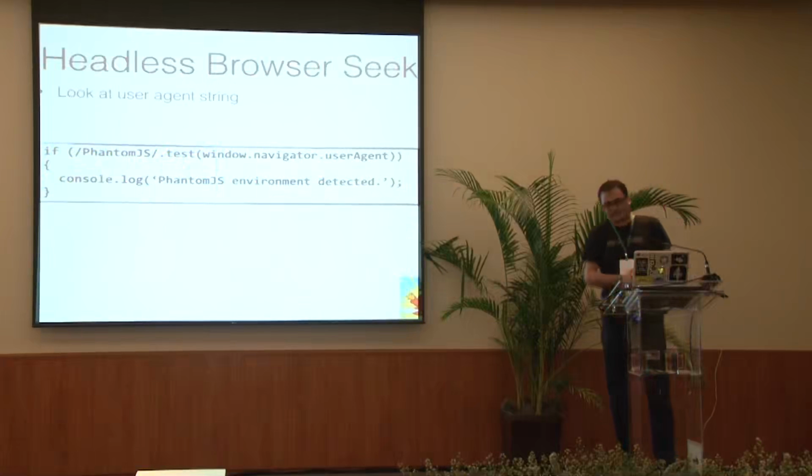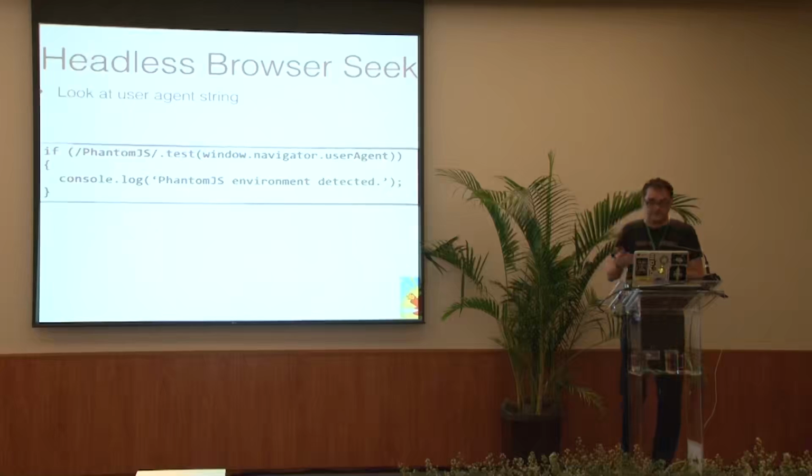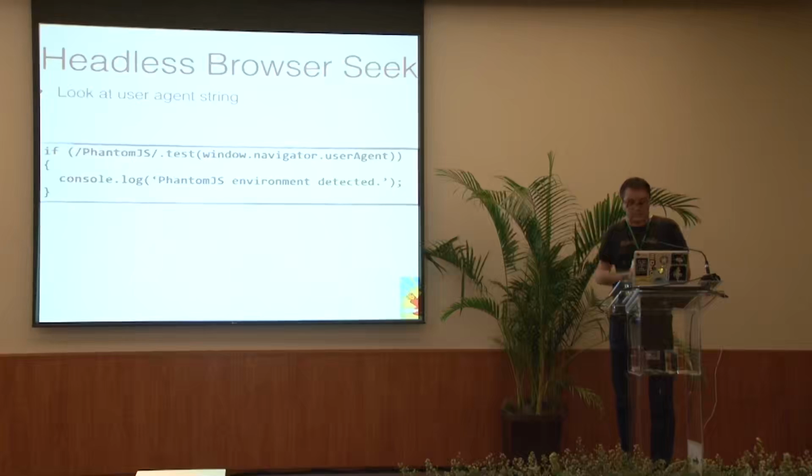We all know that browsers are supposed to identify themselves, right? So the easiest thing to do is to say using the user agent HTTP header that I'm not PhantomJS, I'm Chrome or I'm Firefox, whatever.